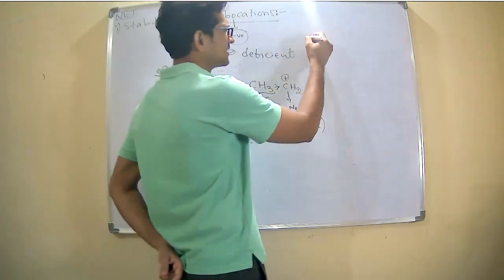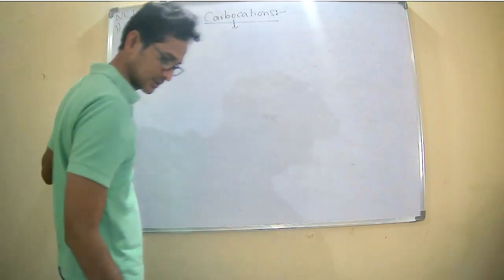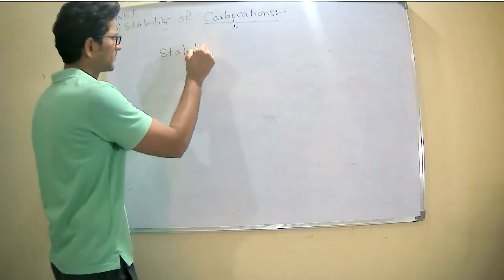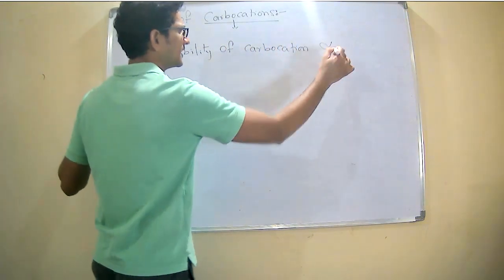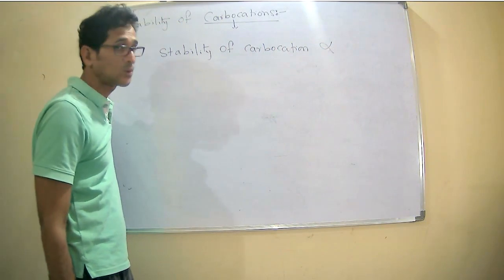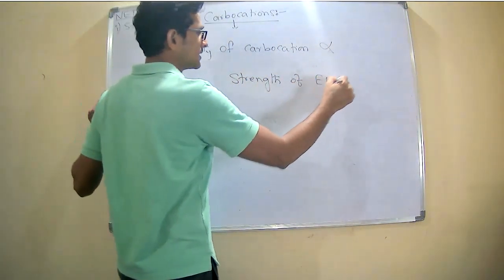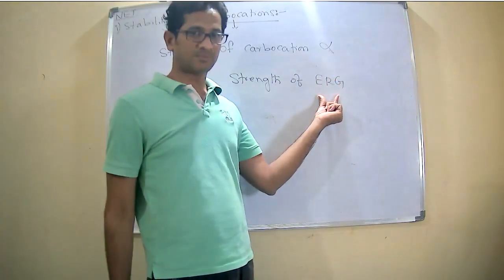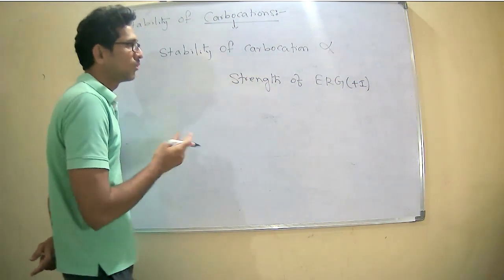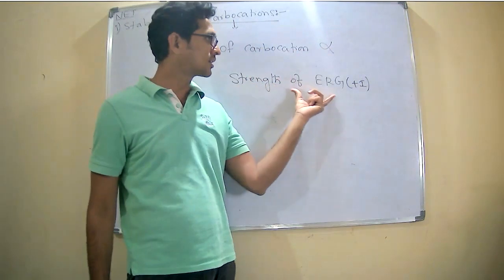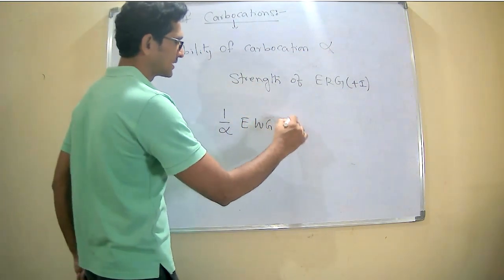So finally, I can write this: the stability of a carbocation is directly proportional to the strength of the electron releasing group, nothing but the plus inductive effect, and inversely proportional to the electron withdrawing group, nothing but the minus inductive effect.